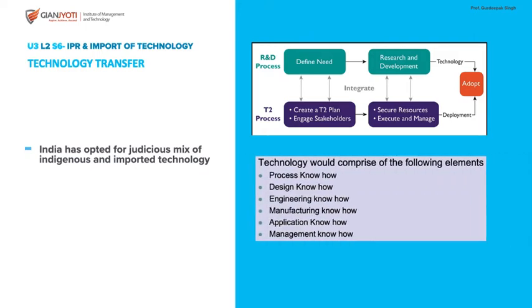Now, when we talk of technology transfer, what are the elements of technology that we would like to transfer? It can be process know-how, design know-how, engineering know-how, or a combination of all. And similarly, engineering know-how, manufacturing know-how, and management know-how.